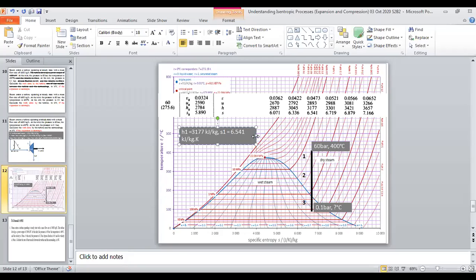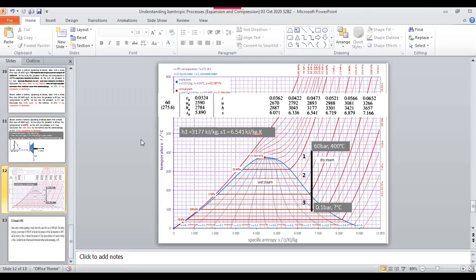Okay, these are your S1 and H1 values. So then based on this, at point 3, you have to get the H3 value. So this is at 1.